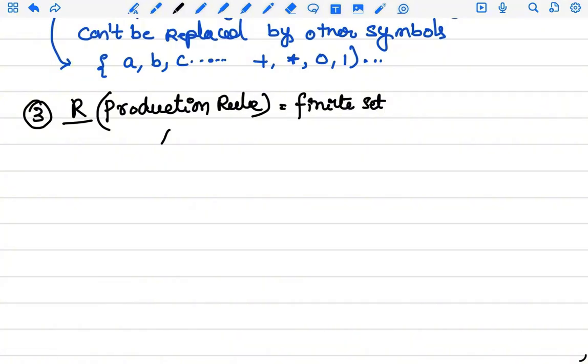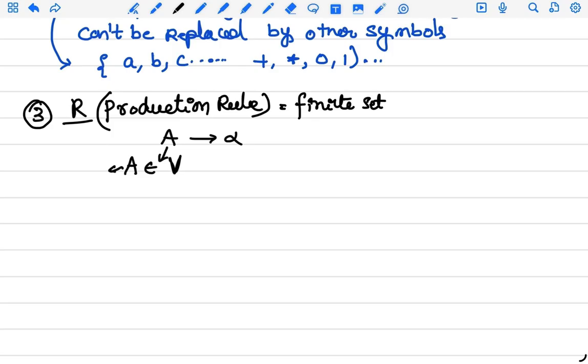For example, A tends to alpha is a production rule. A means a capital variable, that is, capital A belongs to capital V, the variables, which are non-terminal nodes, they cannot stop. A is a single non-terminal node.